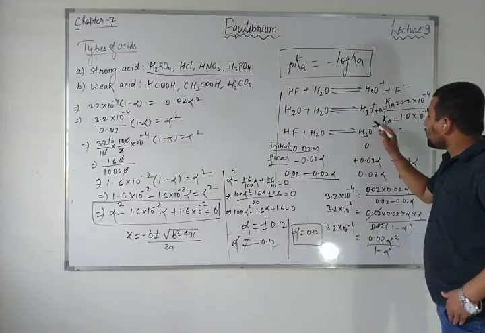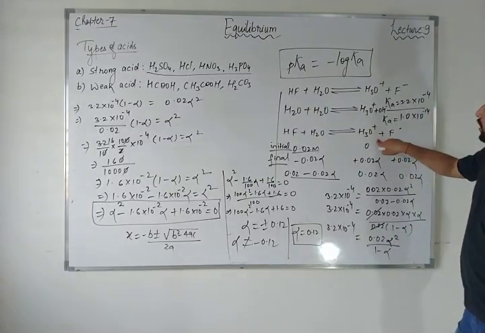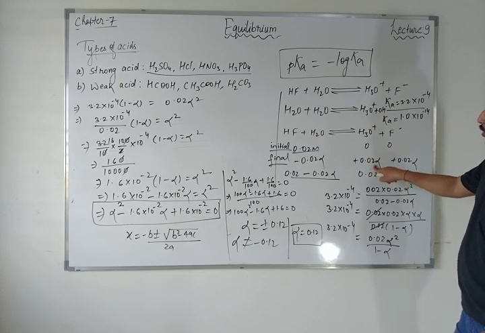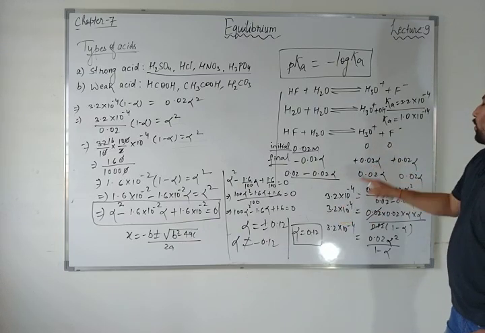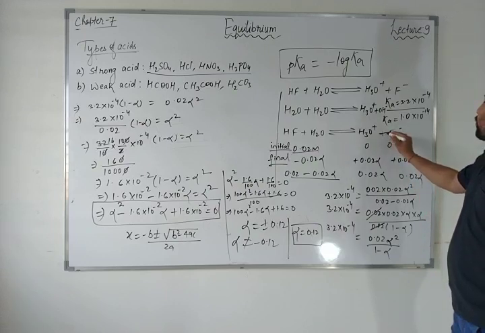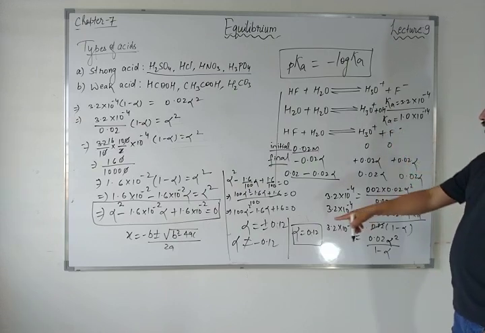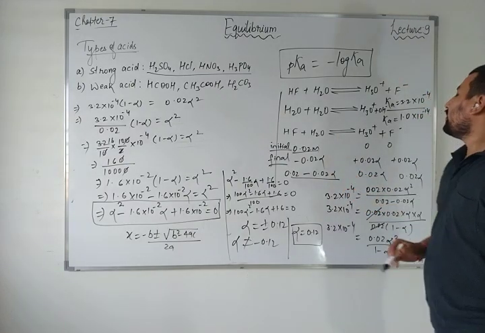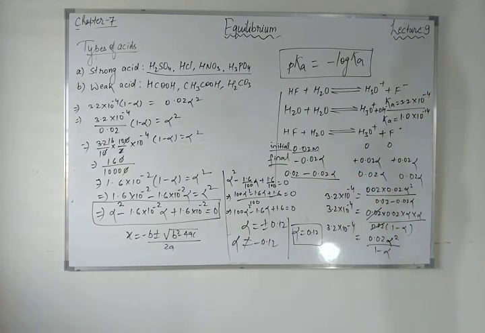If you want to calculate the concentration of hydronium ion, 0.02 alpha means 0.02 into 0.12. If you want to calculate the fluoride ion, then again 0.02 into 0.12. If you want to calculate HF, then 0.02 minus 0.02 into 0.12.